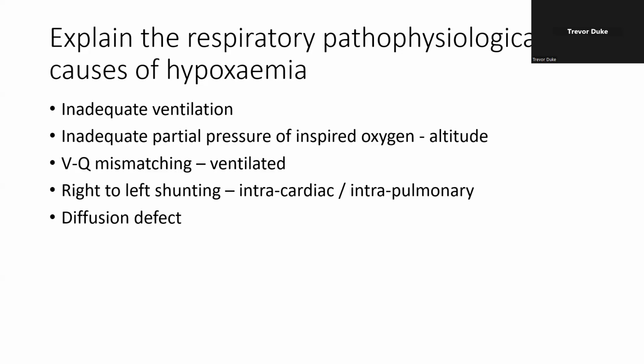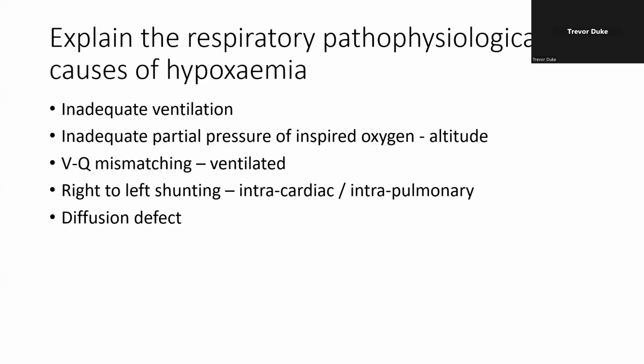So they're the five pathophysiological causes of hypoxemia. Inadequate ventilation, which can occur if there's reduced tidal volume or reduced minute volume, or a child might have a chest wall abnormality like a flail chest from trauma, or like a severe scoliosis that leads to inadequate ventilation. That is often a cause of inadequate ventilation leading to hypoxemia.